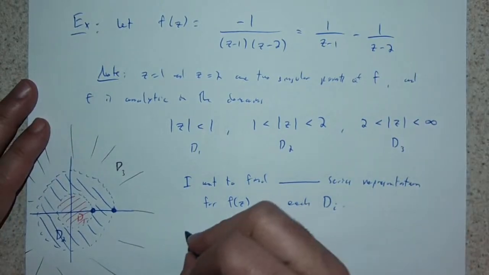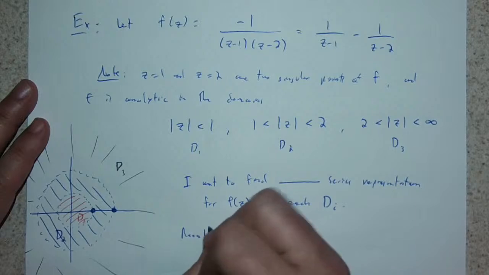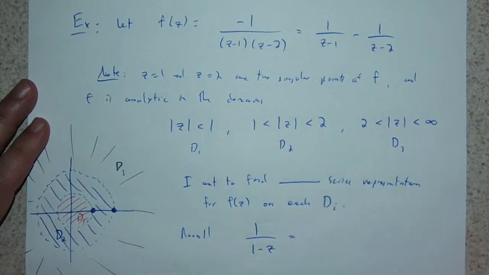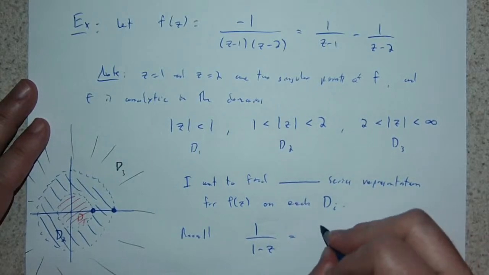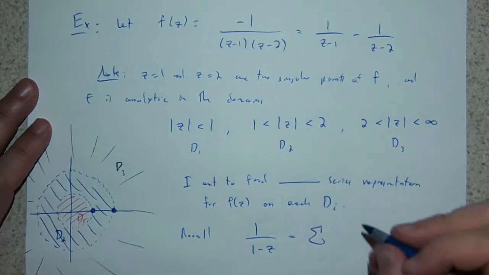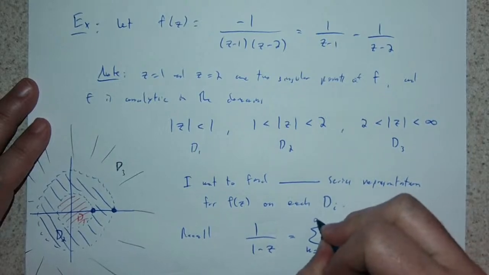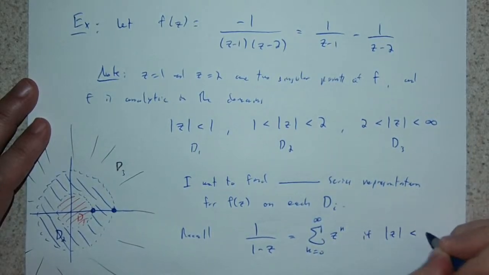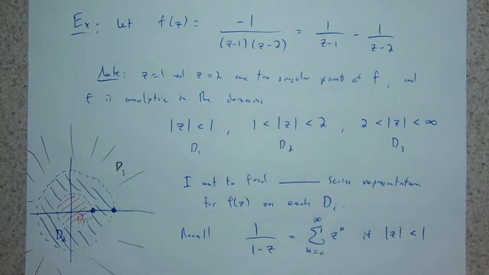Recall, for instance, one of the first things we did, for geometric series, 1 over 1 minus z can be written as the sum from n equals 0 to infinity of z to the n, the geometric series, if modulus of z is strictly less than 1. So this is one of our first examples. Okay, so recall this.